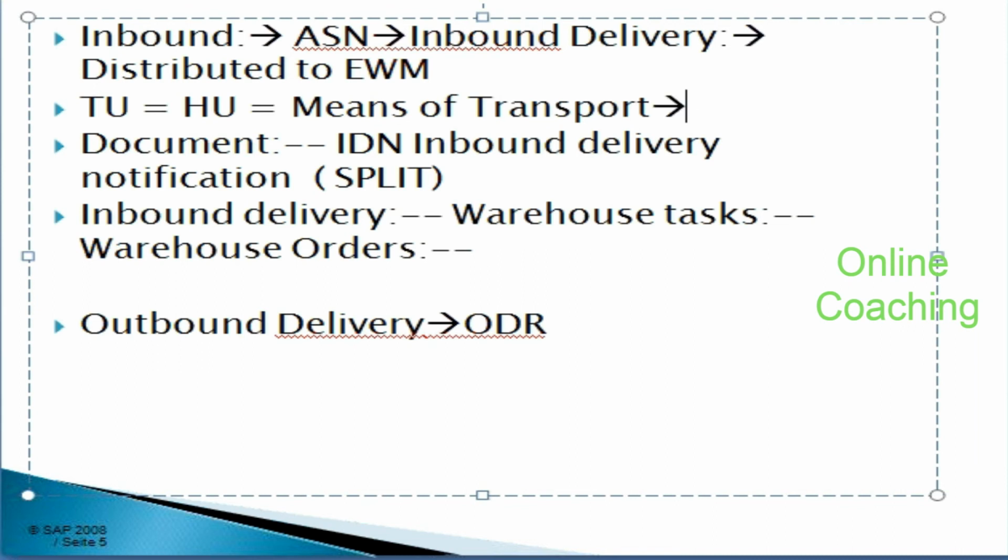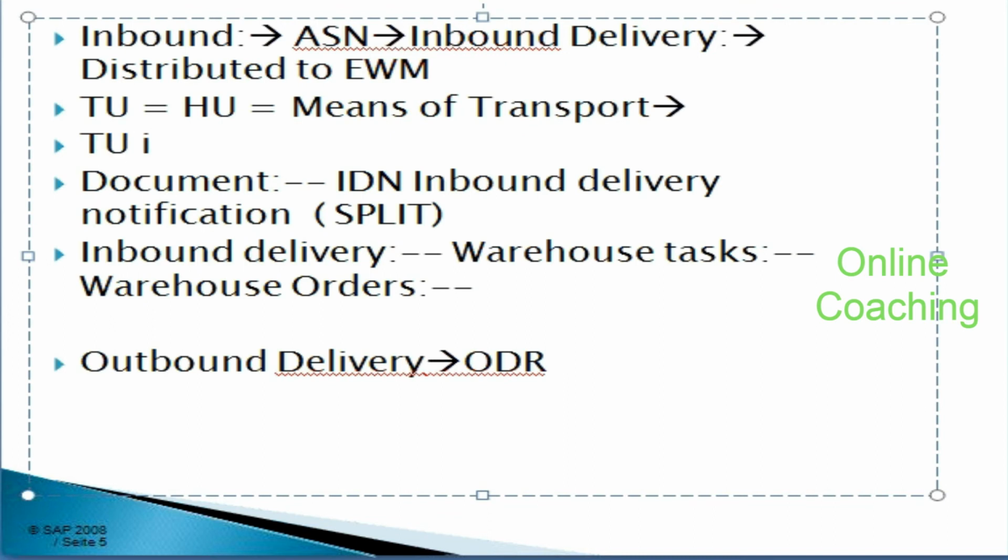Then it creates a TU in EWM, with which you can do the check-in and check-out of your parking lot. If you go and create the inbound delivery in ERP, we can see all these things, like the TUs in the EWM. Is it clear now? The TU also is nothing but like a packing material, but we'll treat it as a truck inside the system.